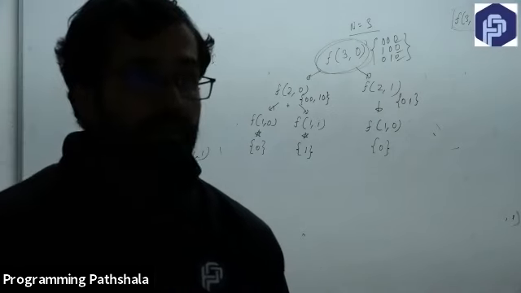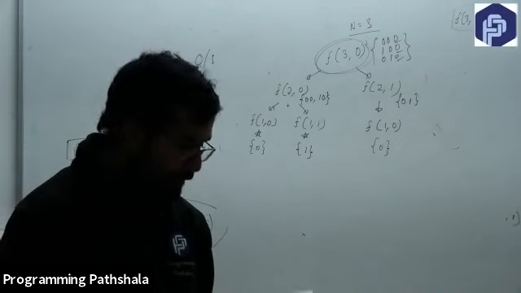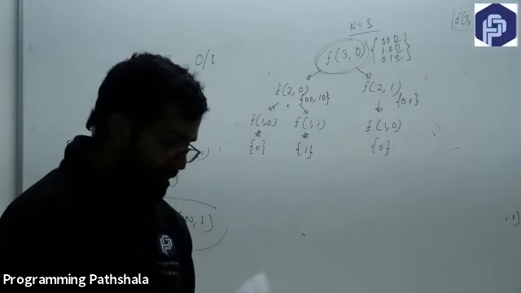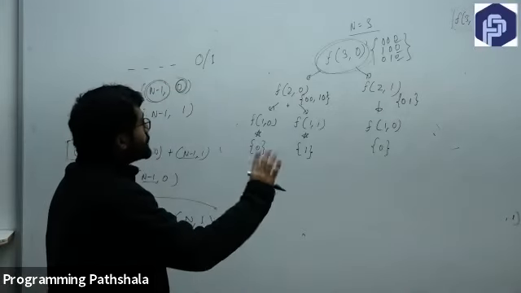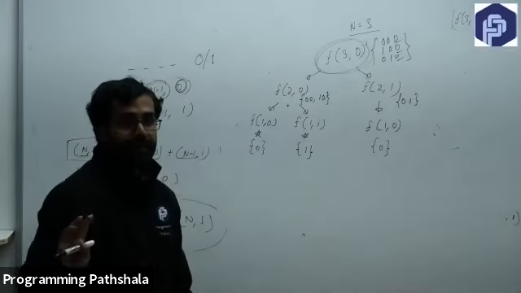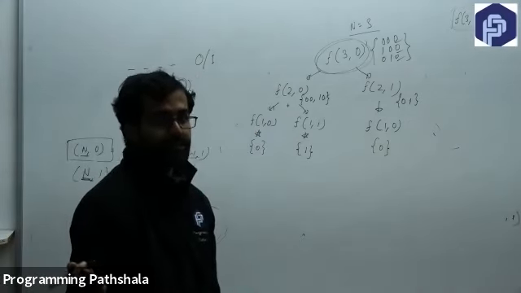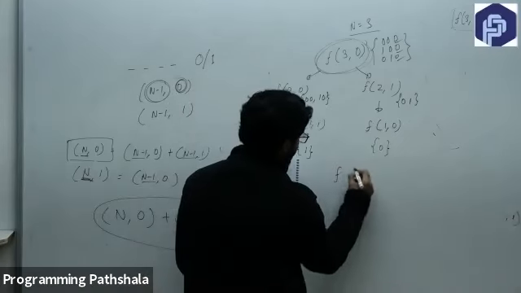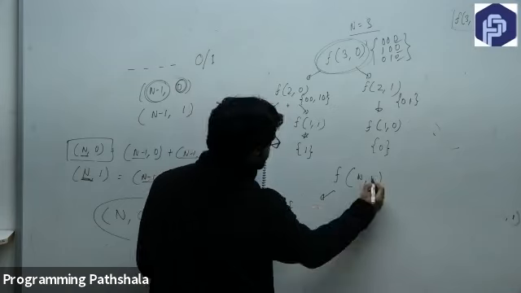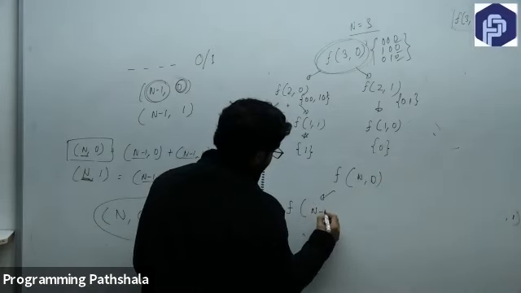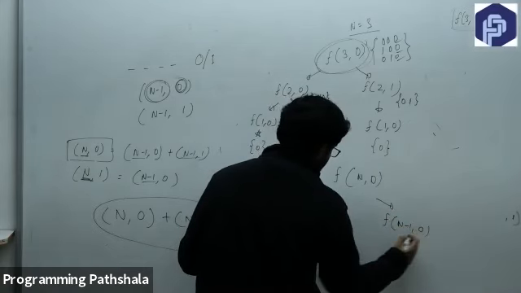Okay, cool. That is why recursion is very, very important if you have to understand dynamic programming. Cool. Now tell me one thing. Do you see problems getting repeated over here? Problems can actually get repeated over here, is it not? Because let's say I'm solving for f of n, 0, this will call f of n minus 1, 1, and this will call f of n minus 1, 0.